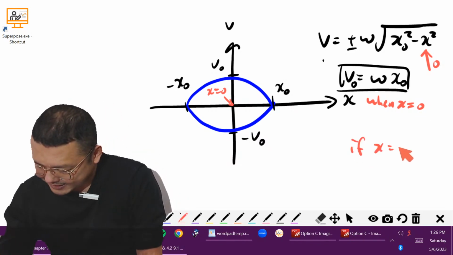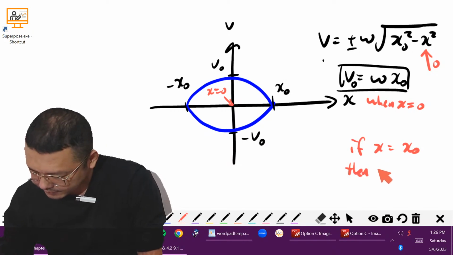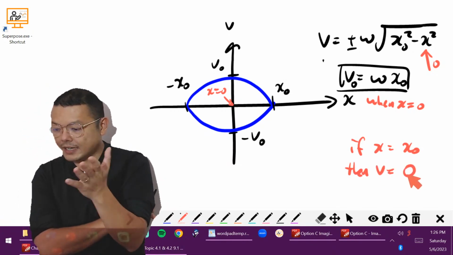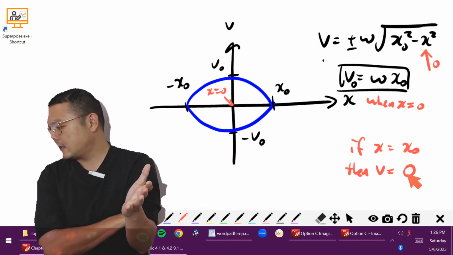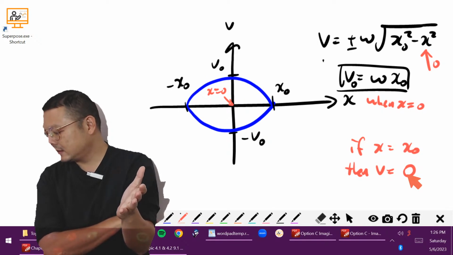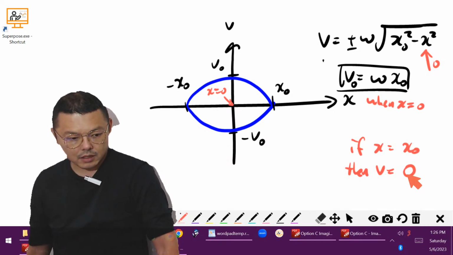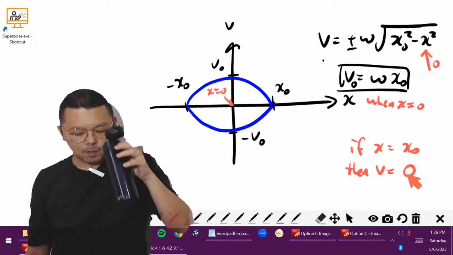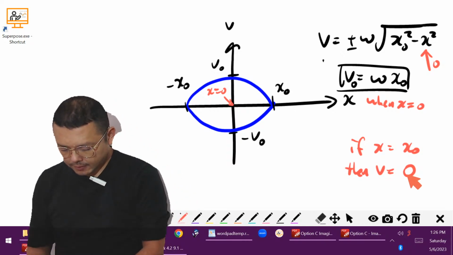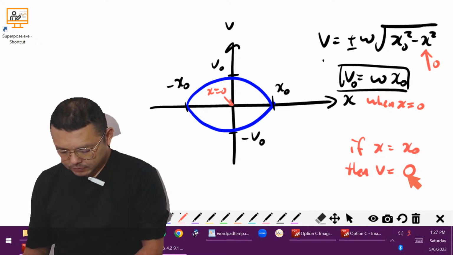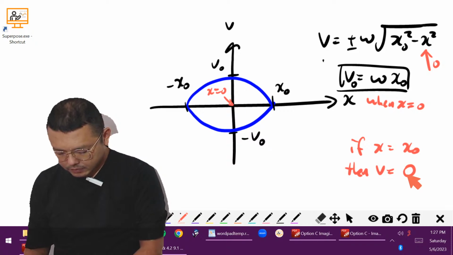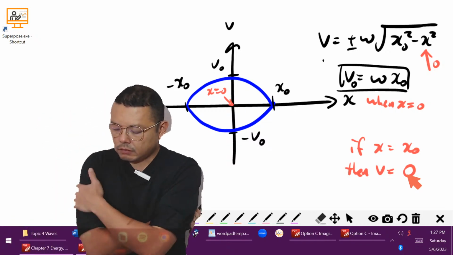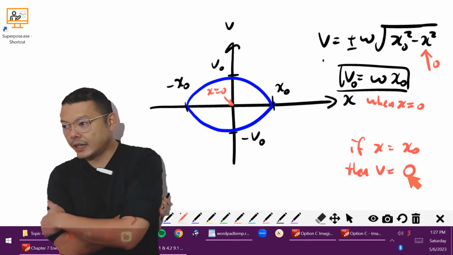So if x equals x naught, then v equals 0, because x naught squared minus x naught squared. We okay so far? Okay, good.